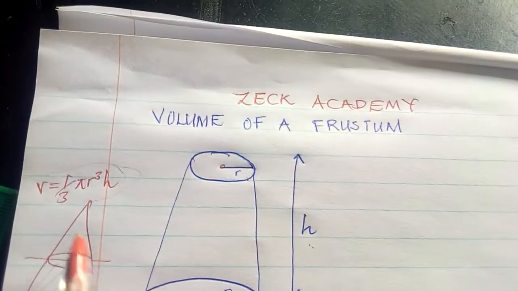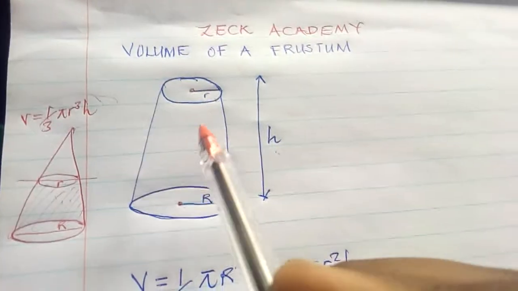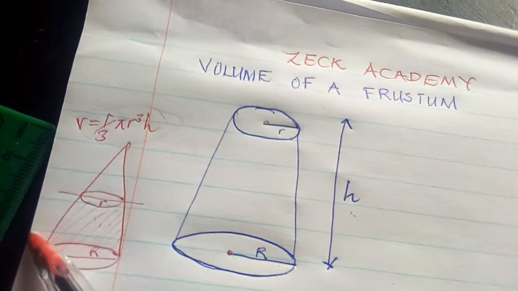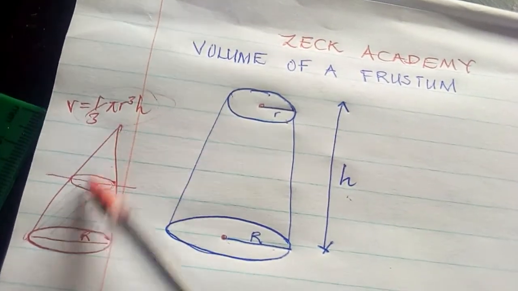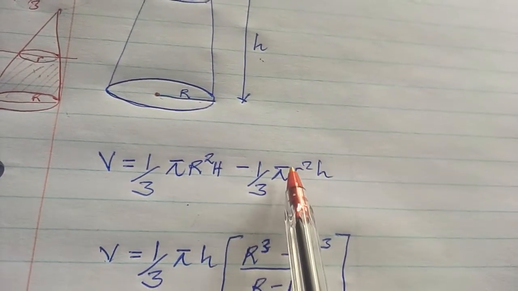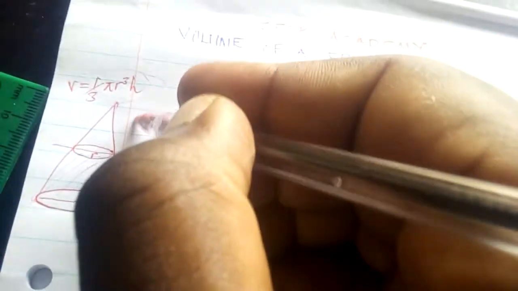Now if we are calculating the volume of a frustum, we are going to use three methods. The first method: according to this diagram, we have the bigger cone here and a smaller cone there. The smaller cone has the base with small radius r and small height h from there up to there.